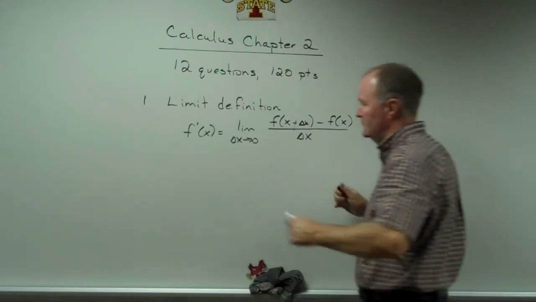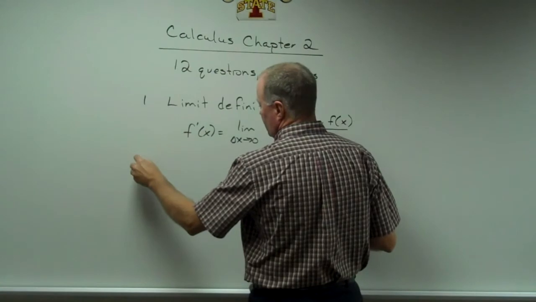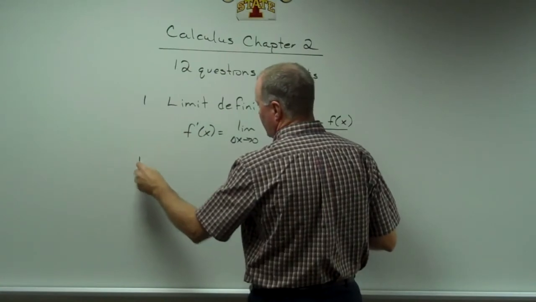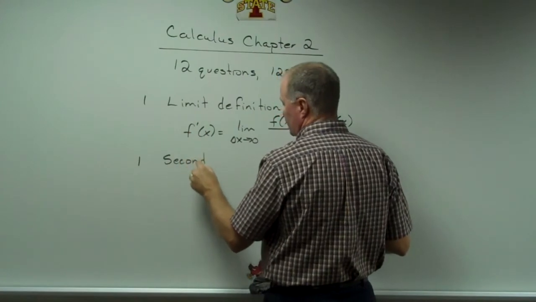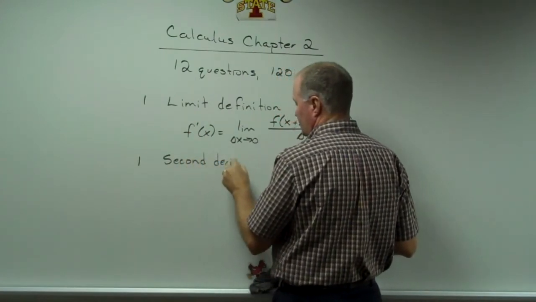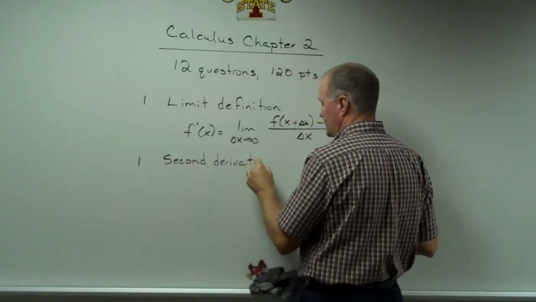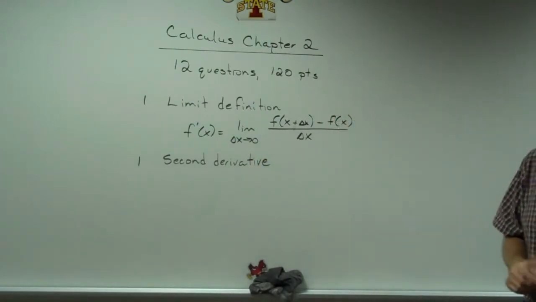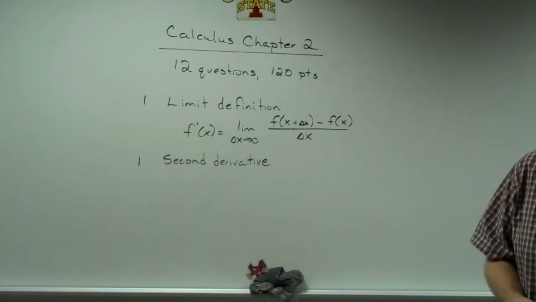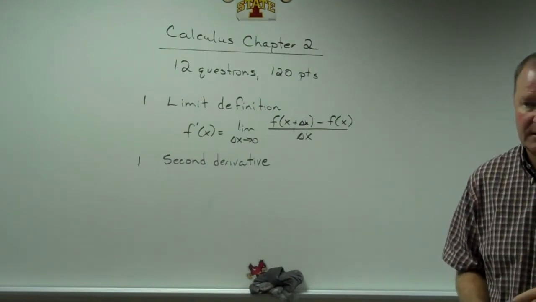Then there's one second derivative. So there's only one problem where you have to take the second derivative. It will be a fraction, so you got your choice on how you want to mess with it.